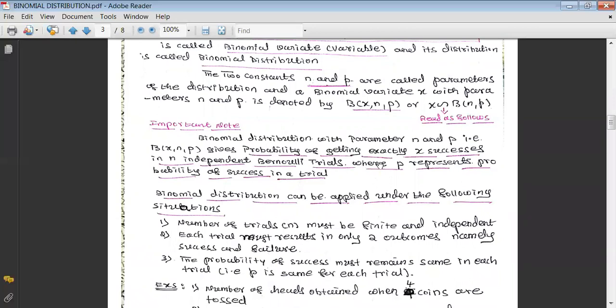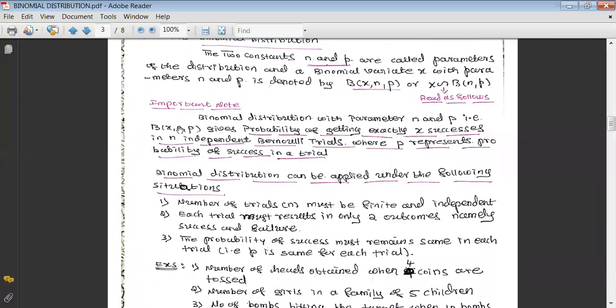Now what does B(n, p) represent? A binomial distribution with parameters n and p gives the probability of getting exactly x successes in n independent Bernoulli trials. Bernoulli trials means trials which have only two outcomes, where p represents the probability of success. That's why this is an important note.